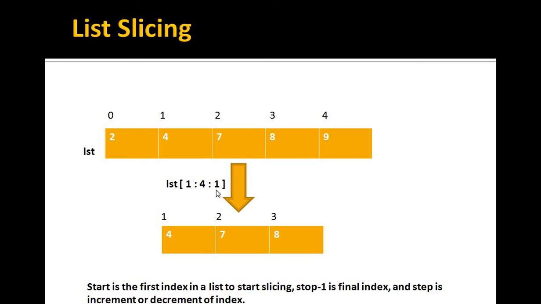So first index is 1, next index 2 and next index 3. So at position 1 value 4, at position 2 value 7, at position 3 value 8. So from position 1 to 3 we will be accessing all these values at once.